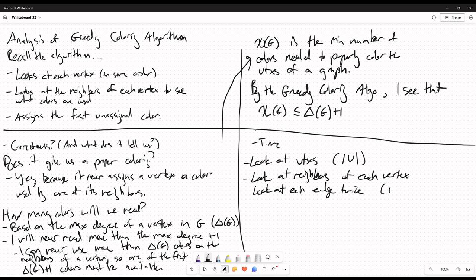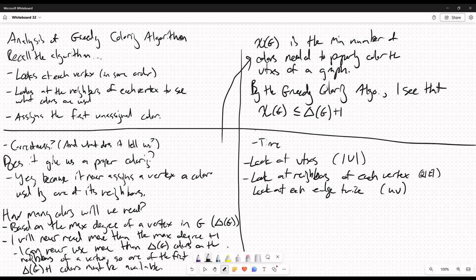For example, the edge UV: at one point I will look at U, and then I'll look at its neighbor V, and then at another point I'll look at V and its neighbor U. So during this step, I'm going to be taking about 2 times the size of E steps.